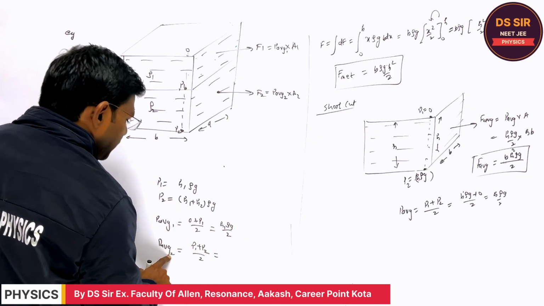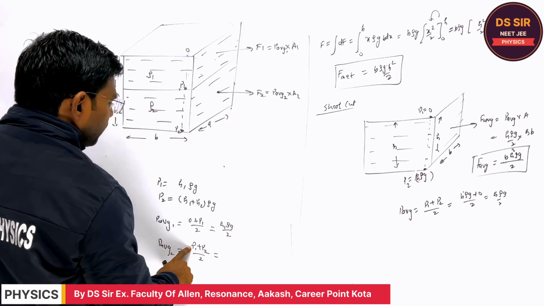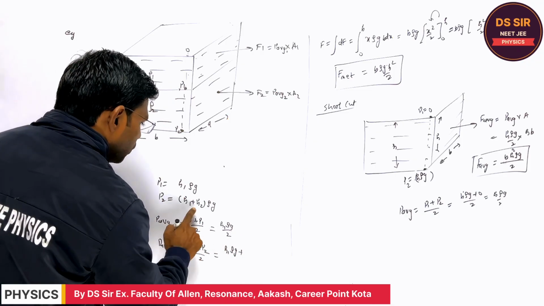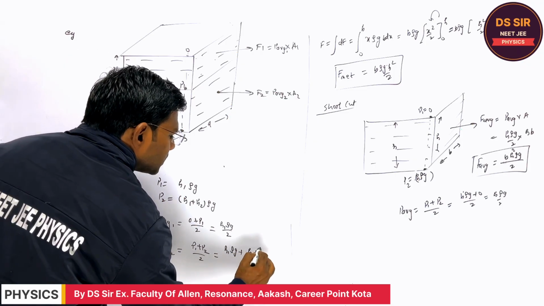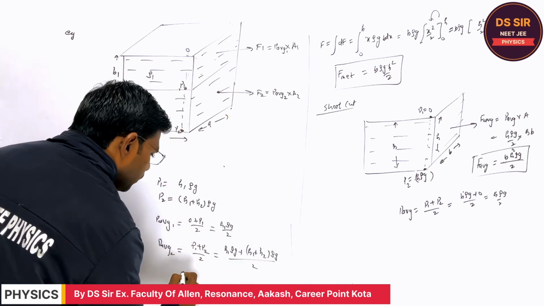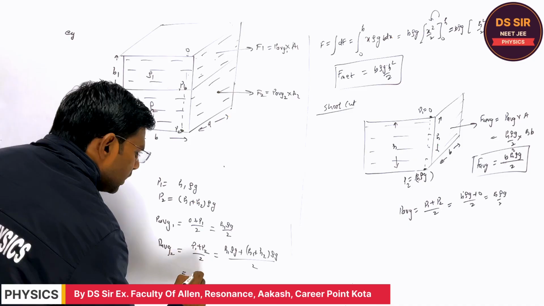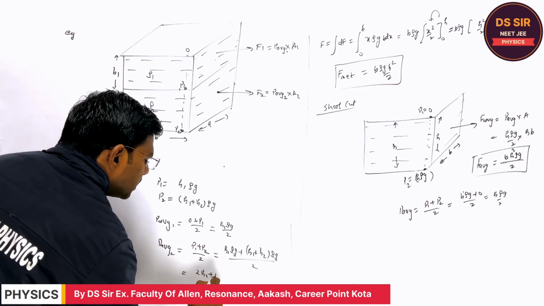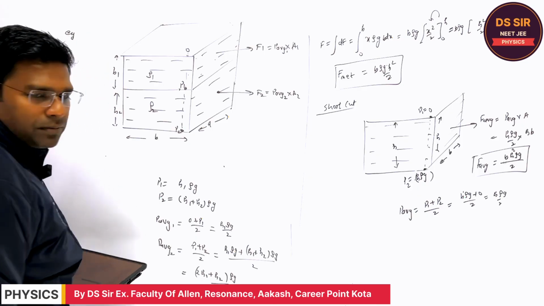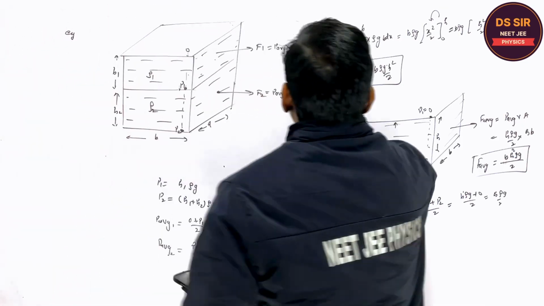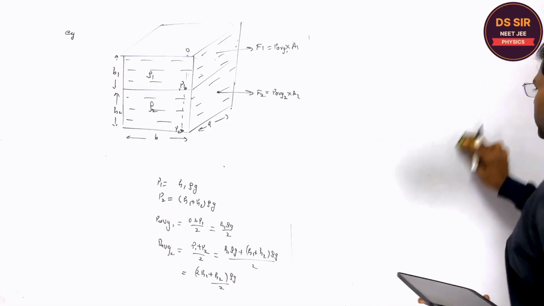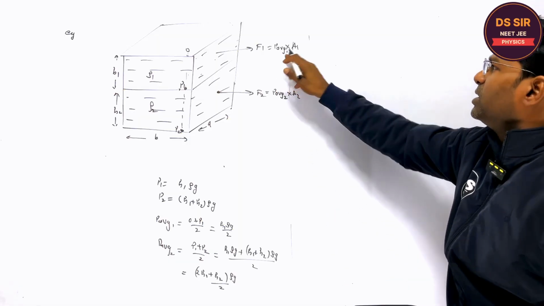And what is the P average at this point? P1 is H1 rho G, and P2 is (H1 plus H2) rho G, divided by 2. When you simplify this, you will get (2H1 plus H2) rho G by 2. Is it clear or not? Fine. Now, if you want to write the force expression, F1 and F2 can be written easily.